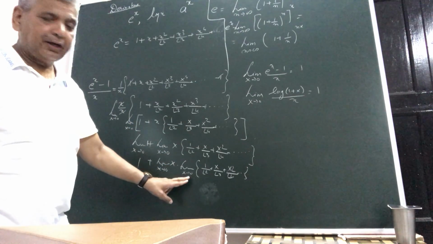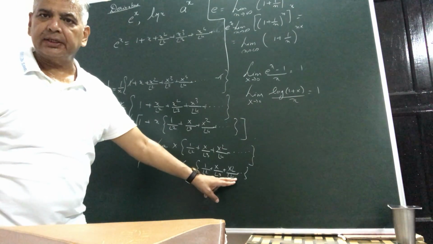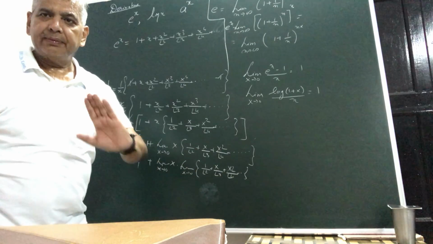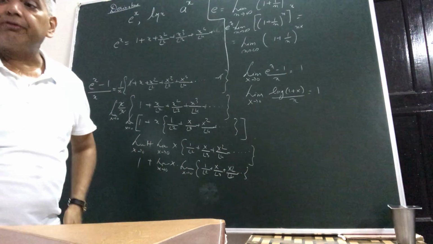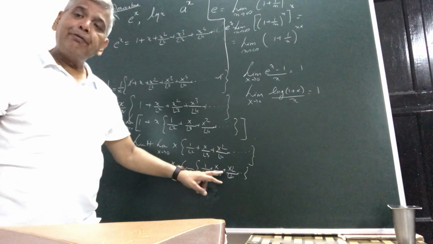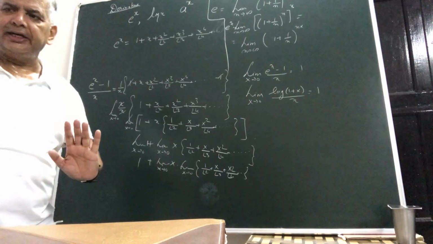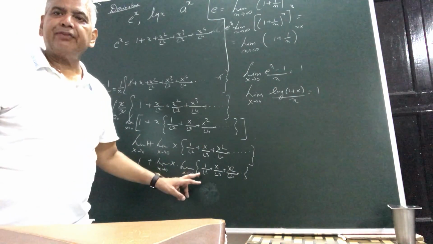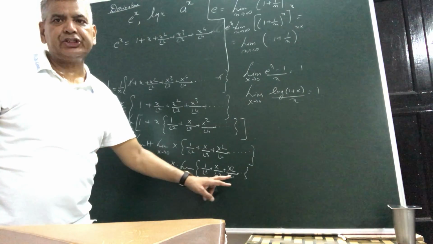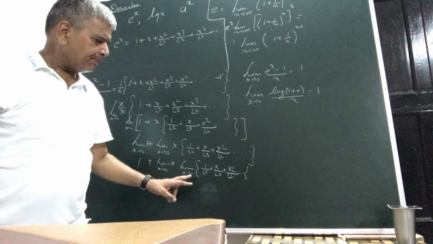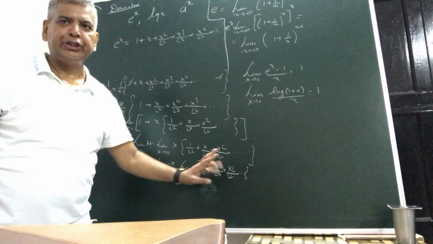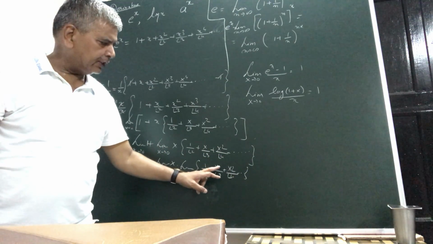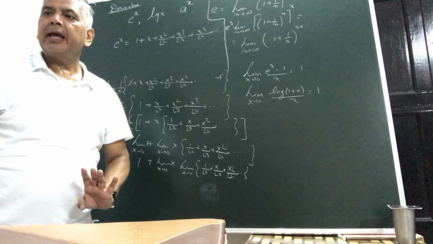When you are taking the limit of x tending to 0 of these infinite terms, you don't know whether it will be equal to the sum of the individual limits or not. Had there been finite terms, then certainly it would have been equal to the sum of the individual limits of each term. And then by that virtue, it would have been 1 upon factorial 2, and the rest would have been zeros, because x is 0 in the numerator.